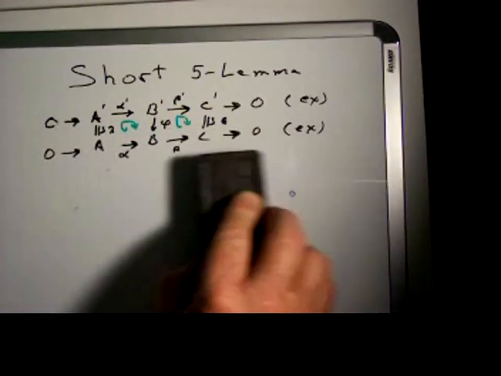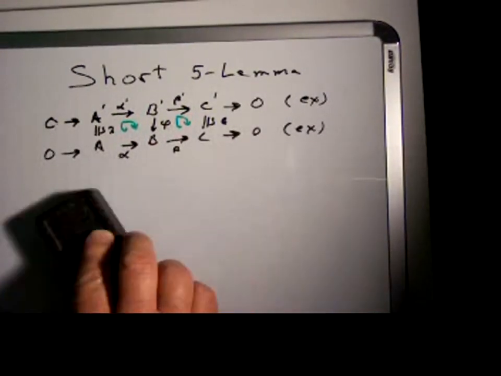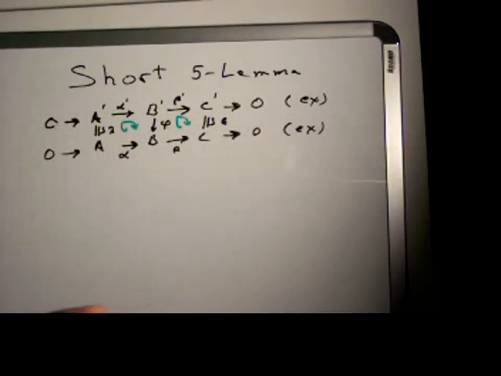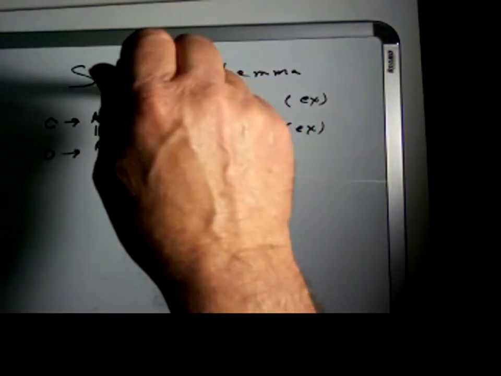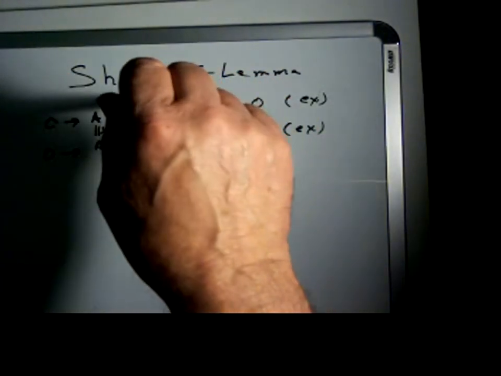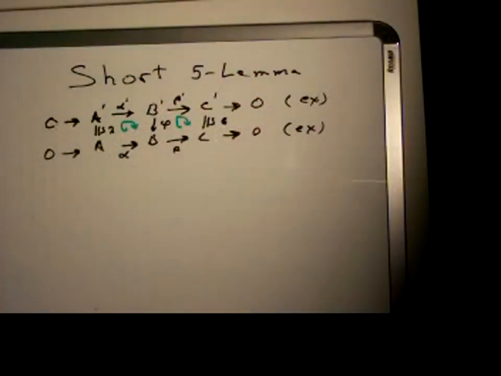Now the next time what I want to do is talk a little bit about this guy here, sort of, in the middle of a short exact sequence, and I want to actually show, using the Five Lemma, a very simple proof that the external direct sum is isomorphic to the internal direct sum.